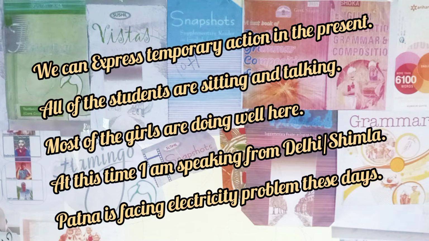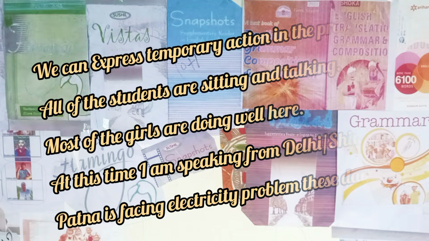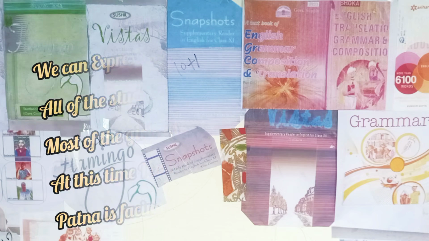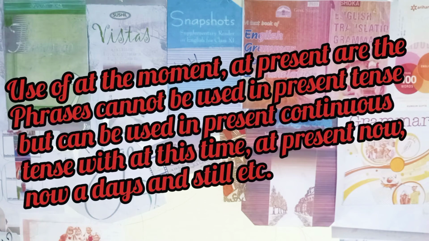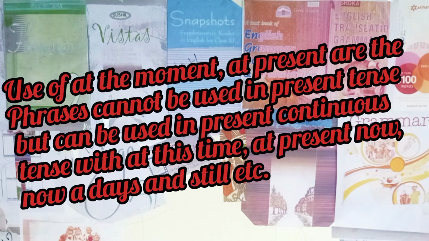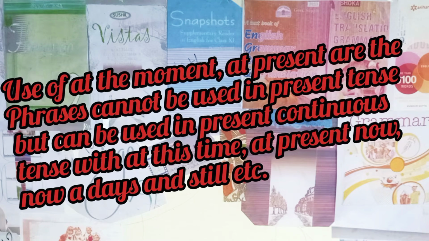It means this is a temporary action, right? That will be solved sooner or later. Phrases like at the moment, at present cannot be used in the present simple tense but can be used in the present continuous tense, with at this time, at present, now, nowadays, still, etc.